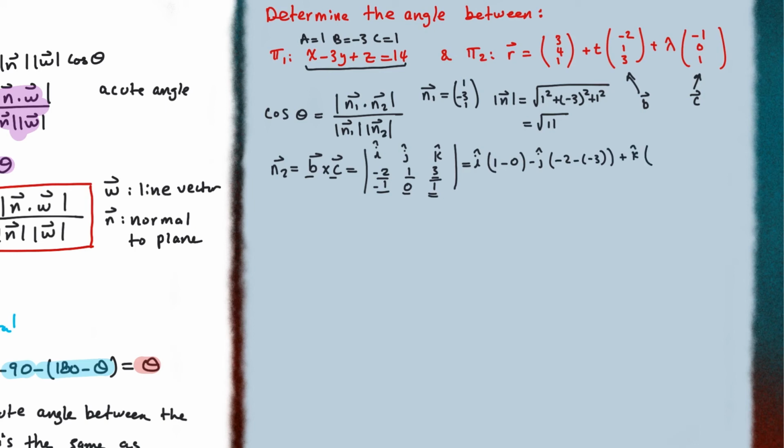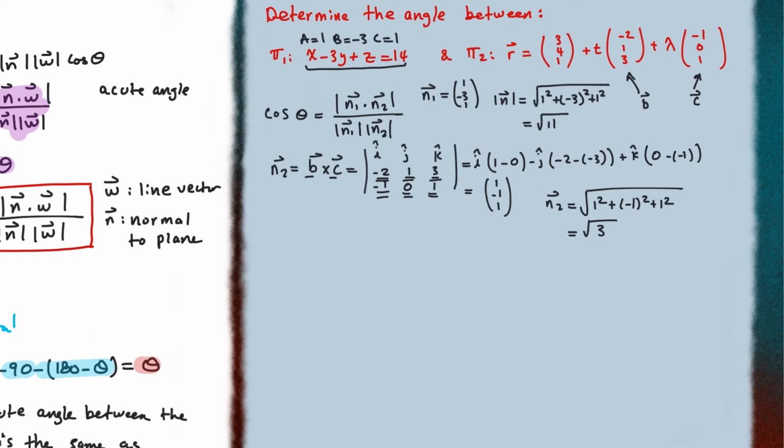And for the positive z component, we're going to do -2 times 0 minus 1 times -1. We'll end up getting 1, -1, and 1 for the x, y, and z components of the normal to the second plane. The magnitude of this is going to be the root of its x component squared plus y component squared plus z component squared, which will give us root 3.